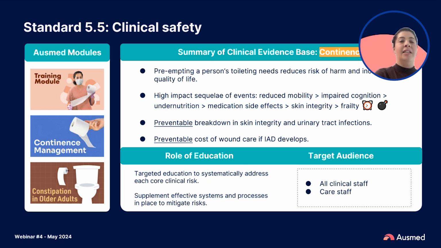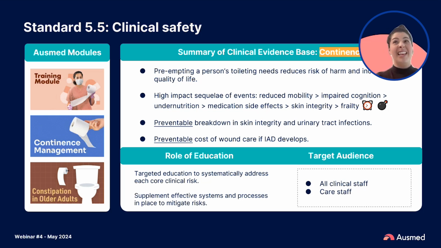The other evidence to draw on is the relationship between skin integrity and continence, which I'm sure is familiar to many of you, but we have a very, very high cost of wound care if we have a wound established and then break down as a result of incontinence-associated dermatitis.